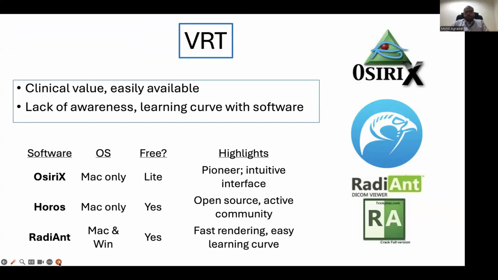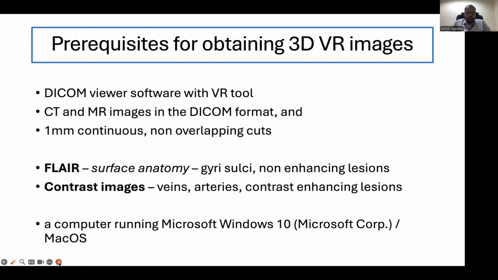There is a lack of awareness regarding the software, and there is a certain amount of learning curve. These are the three most commonly used software: Osirix, Horos, and Radiant. Today I'm going to talk about Radiant, which we have found to be very intuitive and has a relatively easier learning curve.